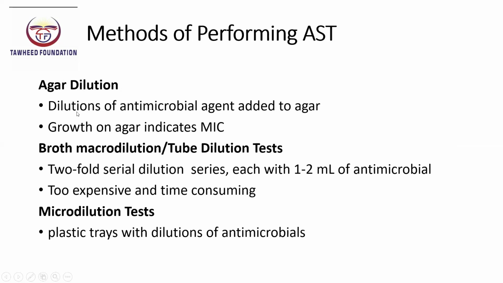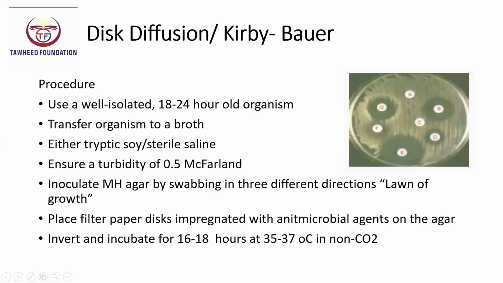For agar dilution, dilutions of antimicrobial agent are added to the agar plate, and growth on agar indicates the presence of MIC. For broth macrodilution and tube dilution, a two-fold serial dilution series, each with 1 or 2 ml of antimicrobial. It will be too expensive and time-consuming. For the microdilution test, plastic trays with dilutions of antimicrobial will be used.